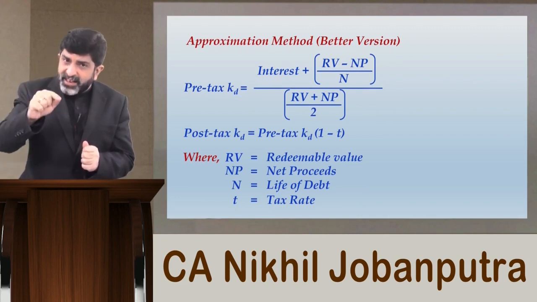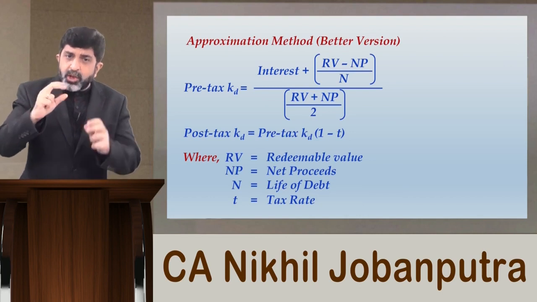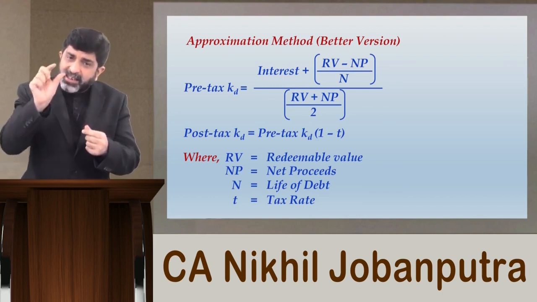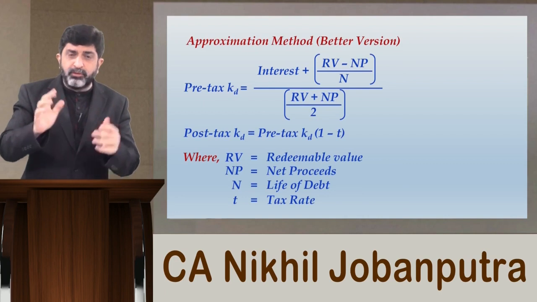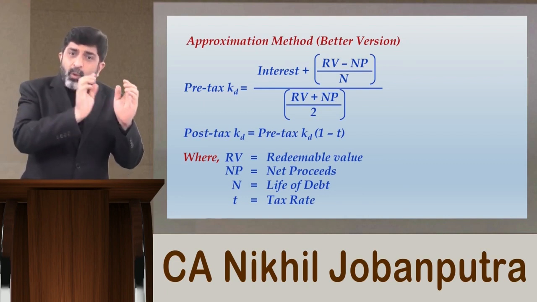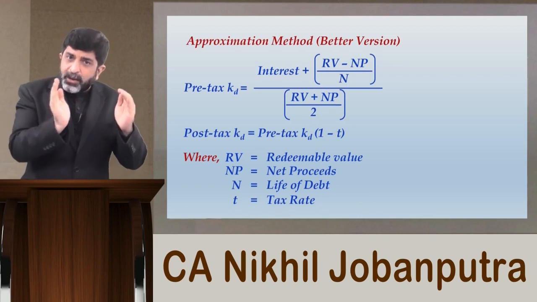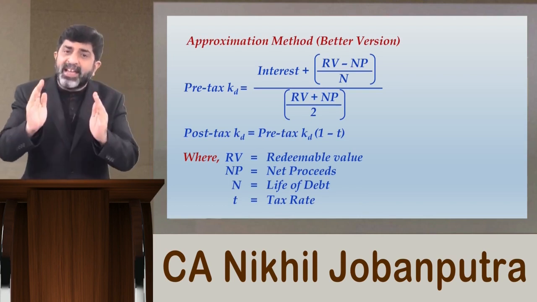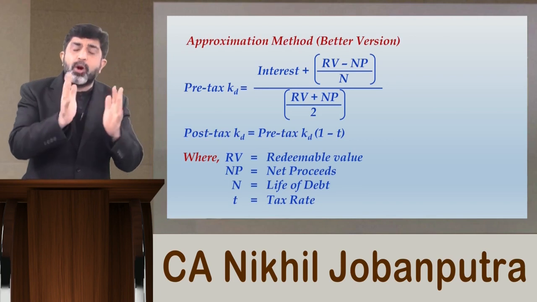If that is allowed as an expense from taxation viewpoint, you would end up saving tax even on that component. So logically you should not just apply 1 minus t, the post-tax effect, only on interest. You should apply that on the entire component.